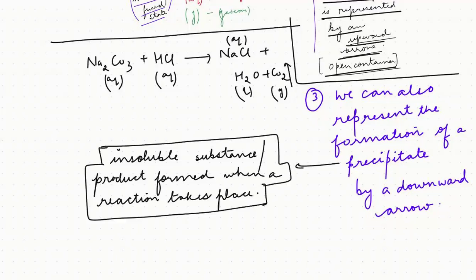So that is basically a precipitate. I hope you're understanding. So we can also represent the formation of a precipitate by a downward arrow. All right, I'll just note down the formation of precipitate.